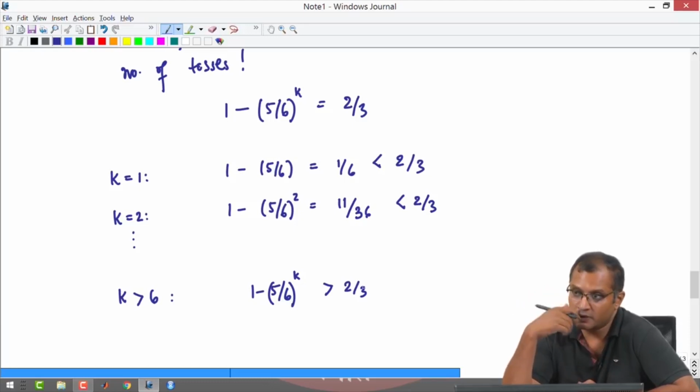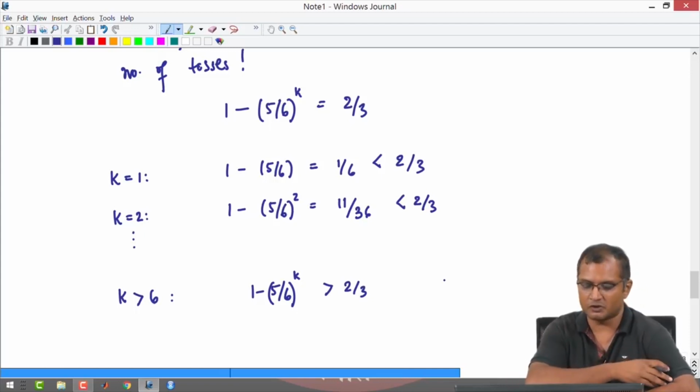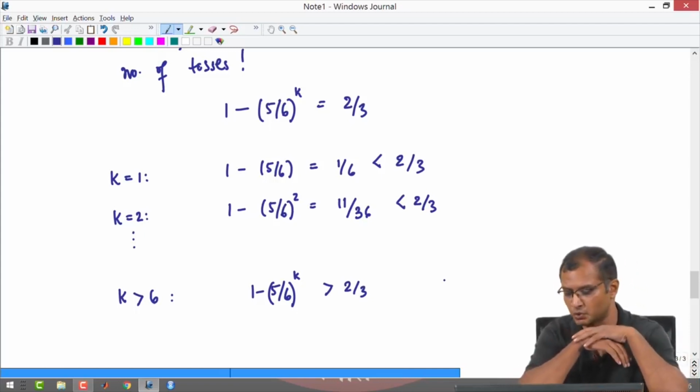So, a larger power would only make 5 by 6 to the power k smaller, which means 1 minus 5 by 6 to the power k will become larger. So, typically for k equals to 7, you will see that the probability becomes greater than 2/3.